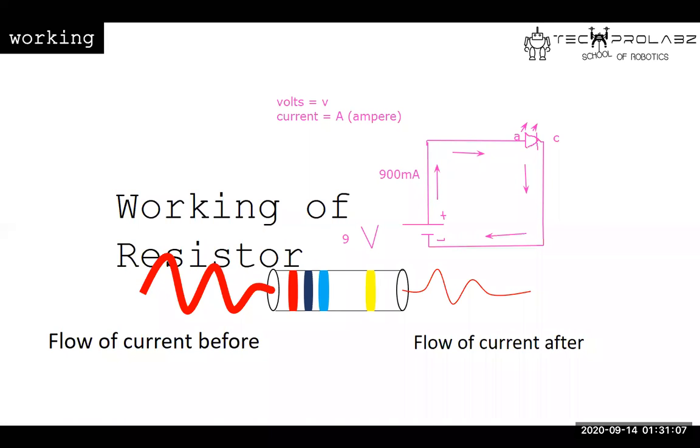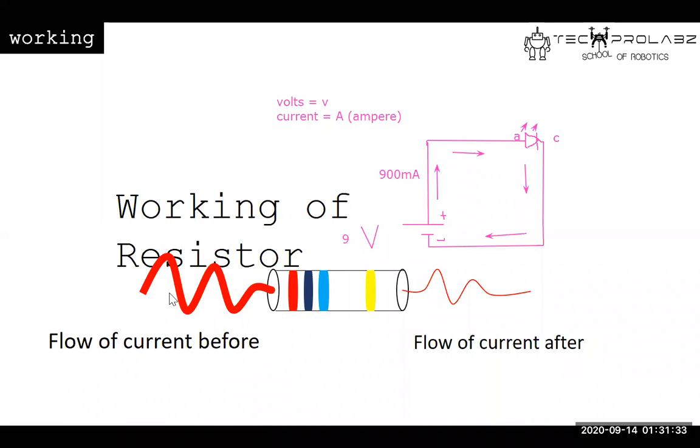You have to slow down your car to go through that bump. So in the same way, consider you are a current and the road is your circuit and the bump is the resistor. जैसे ही कोई रास्ते पर खड्डा आ जाता है, आप क्या करते हो? आप अपनी गाड़ी को स्लो करते हो, then उसे पार करते हो, then फिर से अपनी स्पीड लेते हो, right? So in the same way this works.